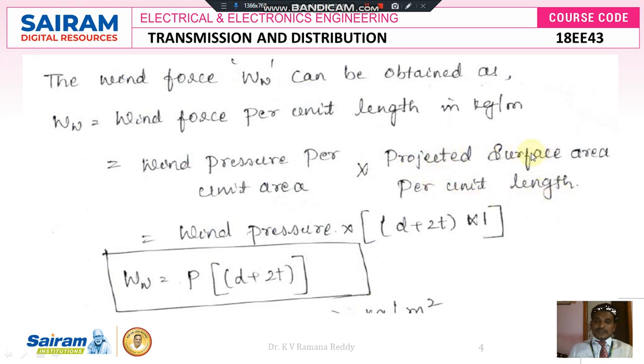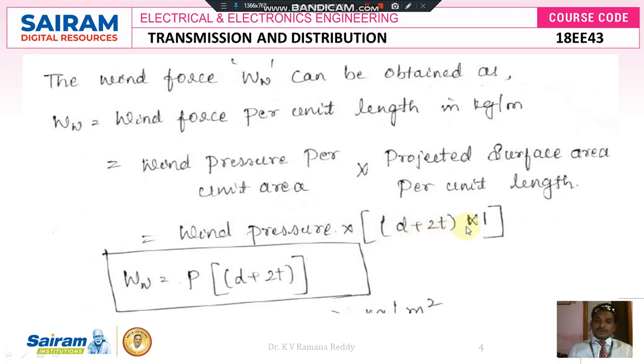Projected surface area means wherever the wind touches the surface area of the conductor, that we take into account in this factor, and in the other factor we take into account the wind pressure.